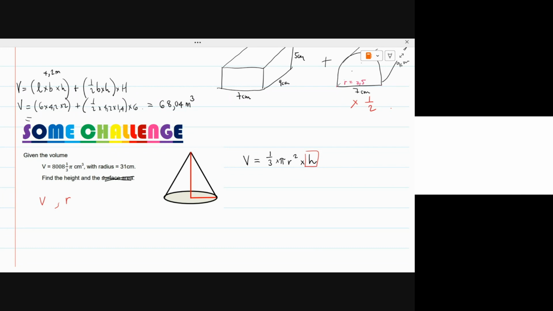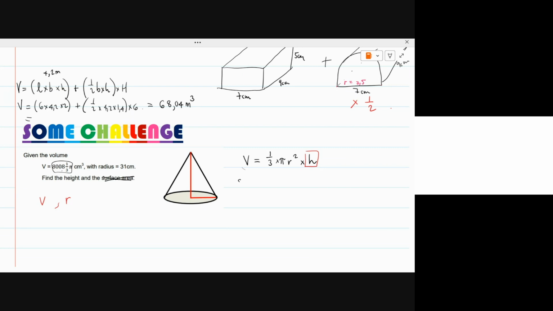So all we're going to do is substitute in what we've been given, and then calculate for the height. I know that I can replace the whole of the volume with 8,008 and a third pi.